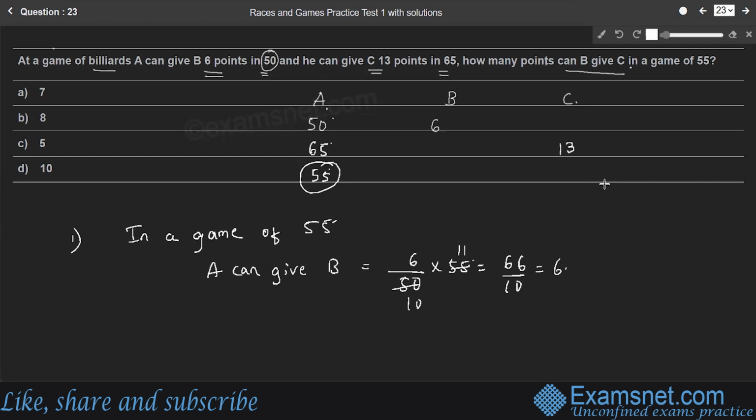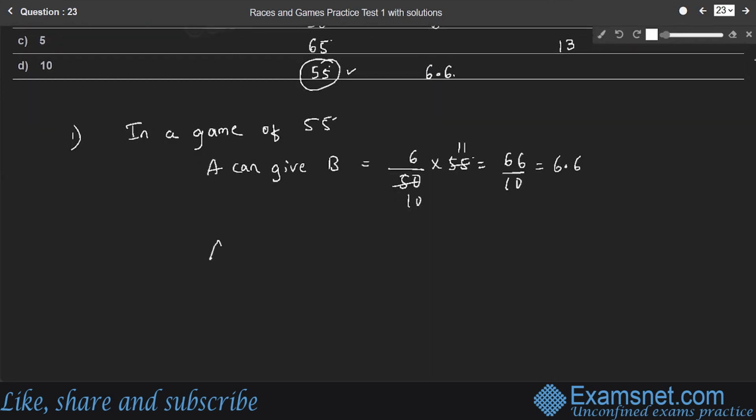So which is 6.6 points, right? So A can give B 6.6 points, whereas in a game of 55, A can give C how many points?